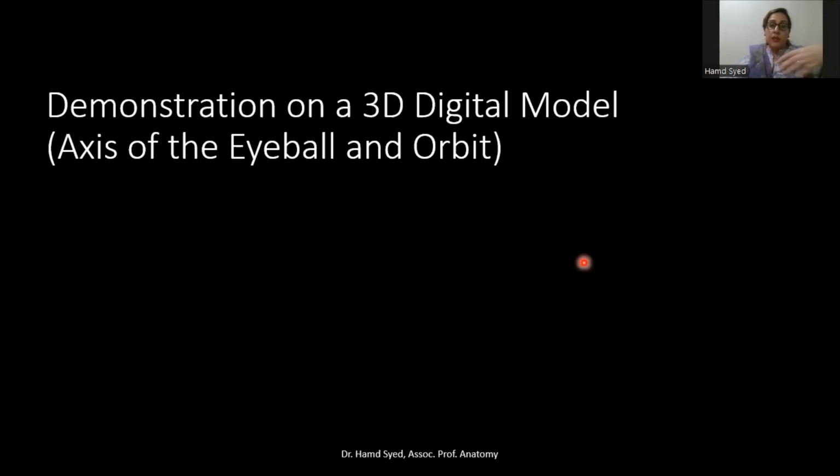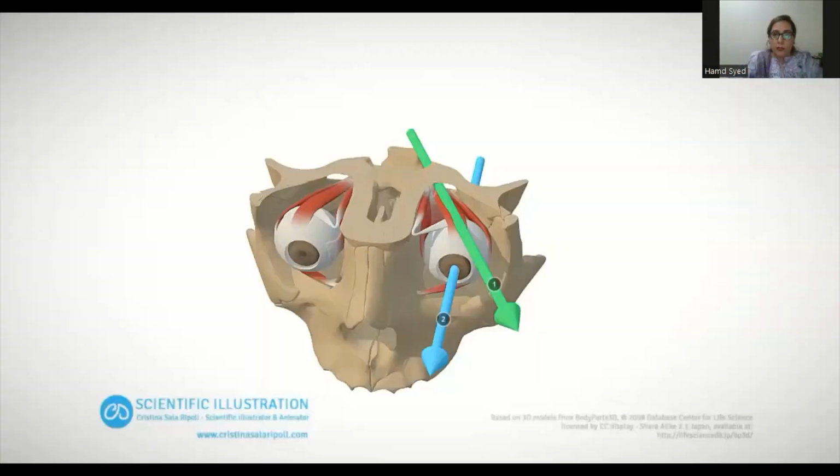Now we can understand these extraocular muscles in a much better way if we look at a three-dimensional model. So now we are looking at the three-dimensional model of the orbital cavities.